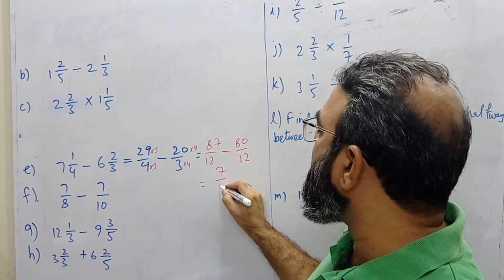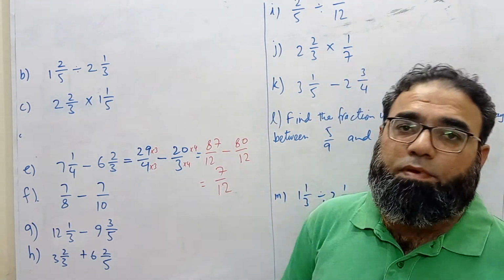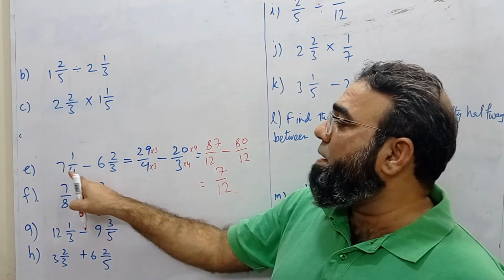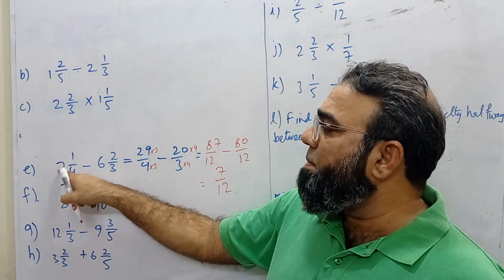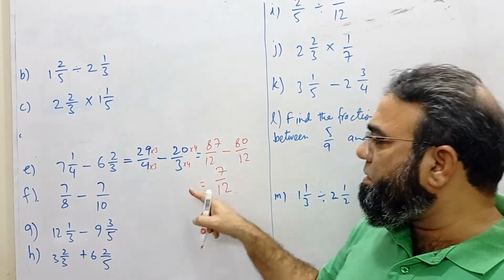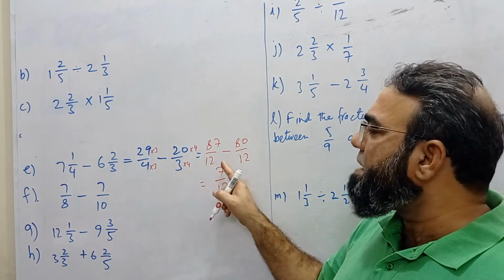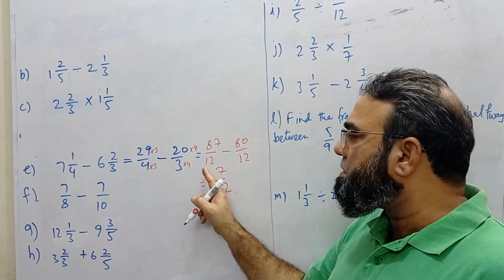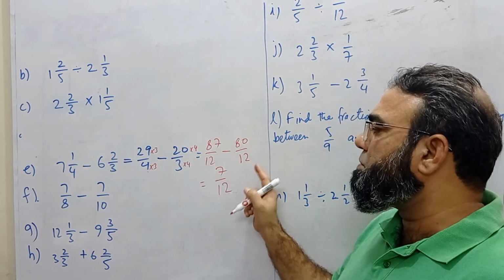Finally, my answer is 7 over 12. So I'm repeating this. We have to change these mixed fractions into improper fractions, and then you make them like fractions using the LCM, equivalent fractions, and then you subtract them.